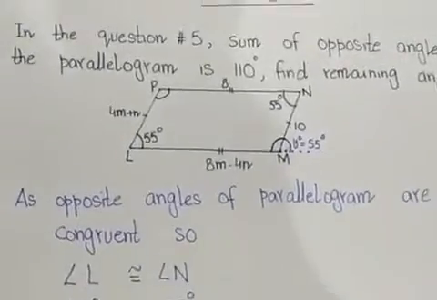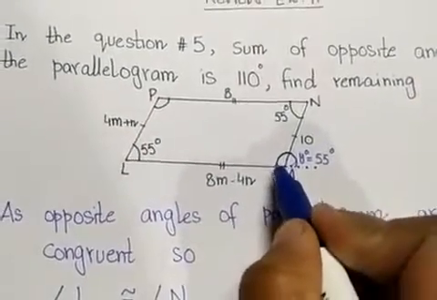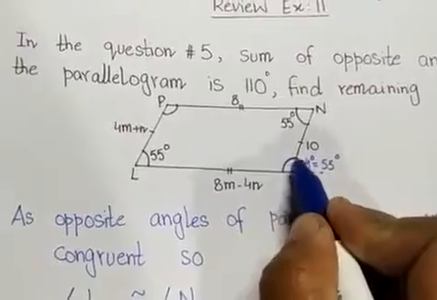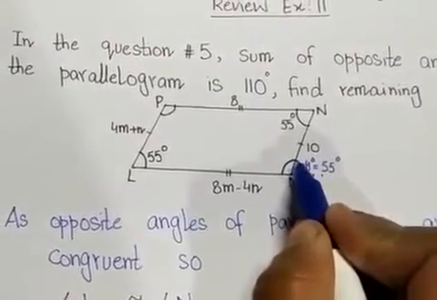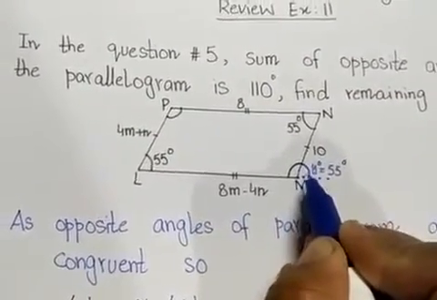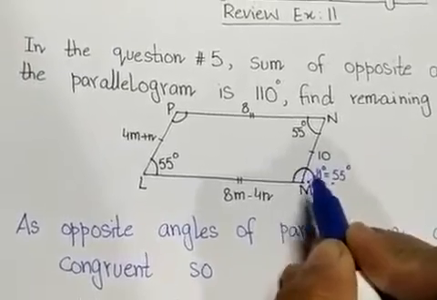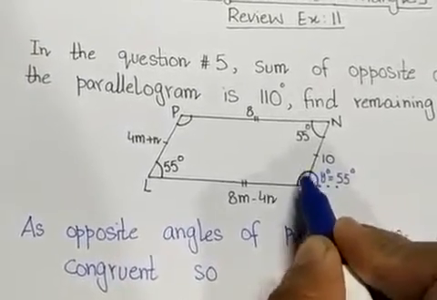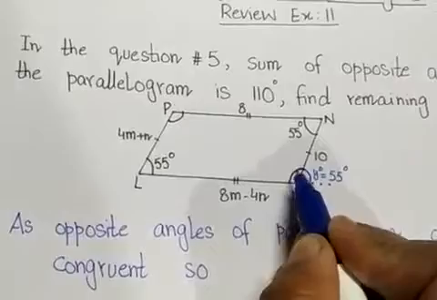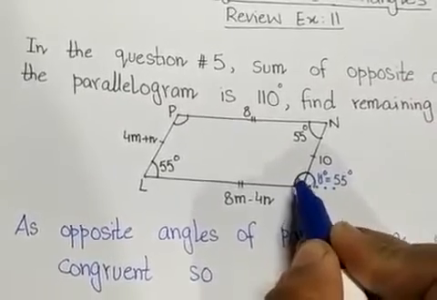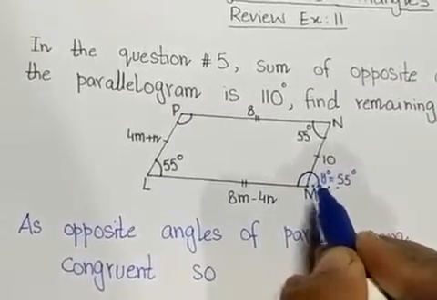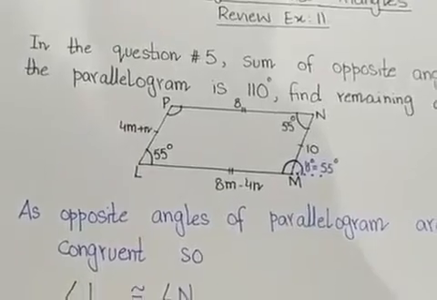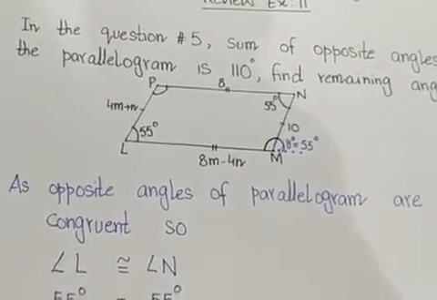Now, you can also see that this angle M marked as black and this angle Y marked as blue, both of them are making a sum of 180 degree as they are making a semicircle. Here you can see they are making a semicircle. So they are supplementary angles. Clear?